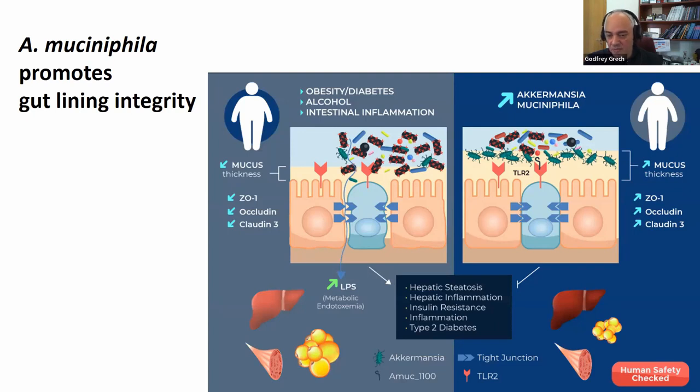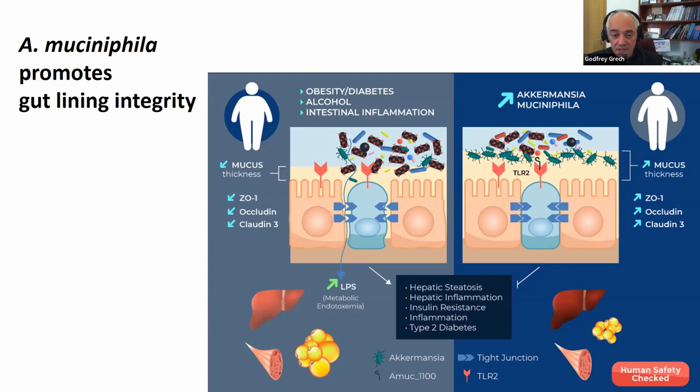That's important because they replenish mucus, and the mucus layer is always thick. But they have other properties. They are also important in maintaining the tight junctions. These are the blue arrows tightly together, which, when you compare to the left figure, you can see are not tight anymore, and therefore the cell junctions are now open. So this is all related to Akkermansia presence, which is around 4% of the microbiota in our gut.